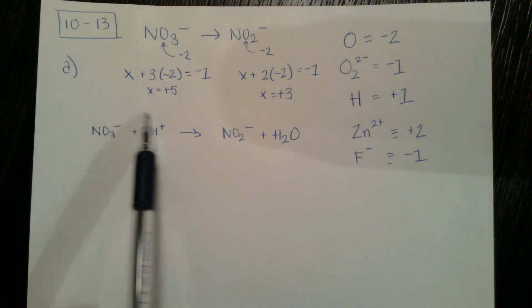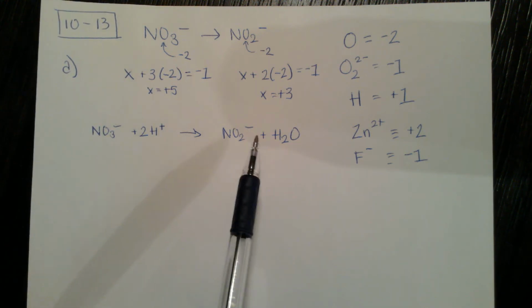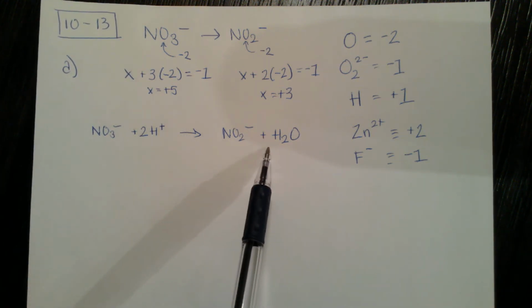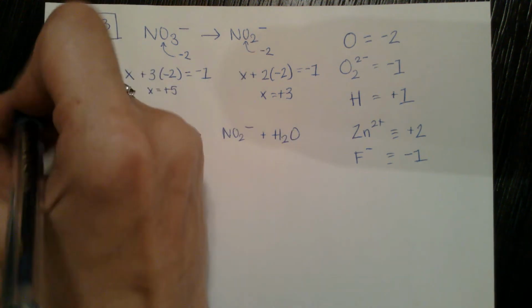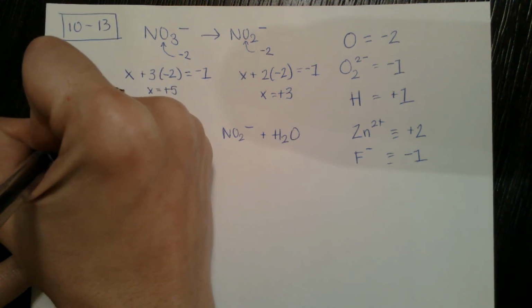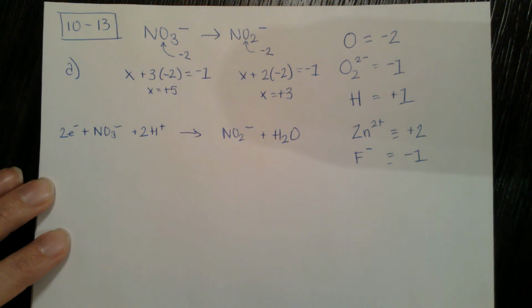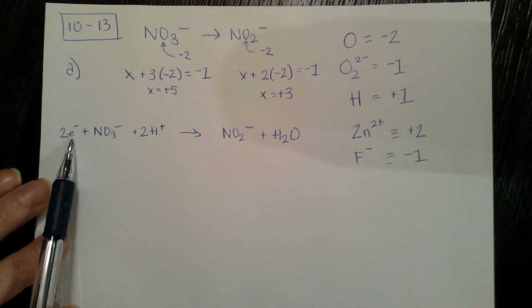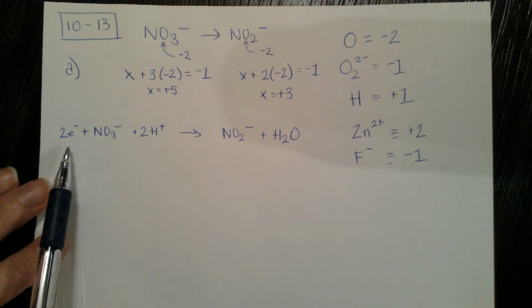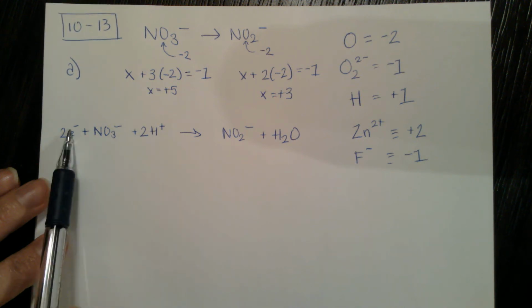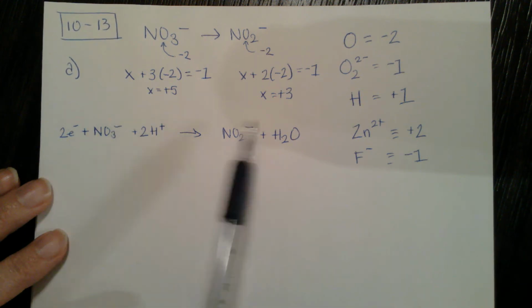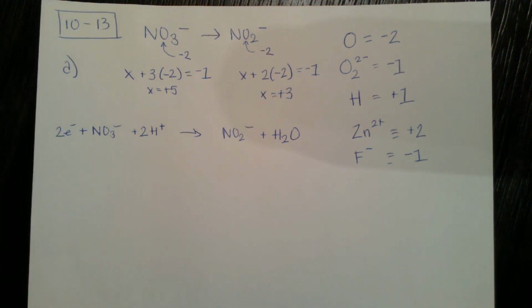On this side here we have +1. We need the charges on each side to be equal. So in order to do that, we need an extra -2 over here. So our 2 electrons are on this side, and now our charge is balanced. We have a -1 here and a -1 here.